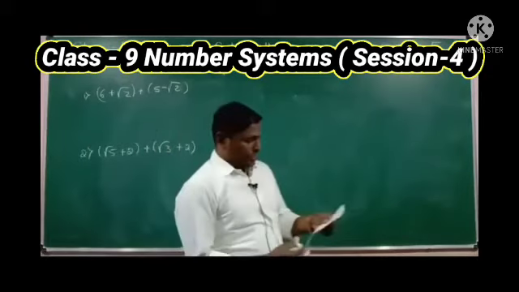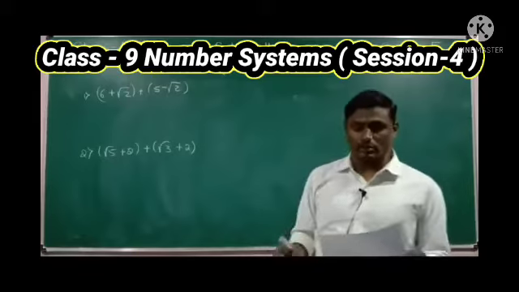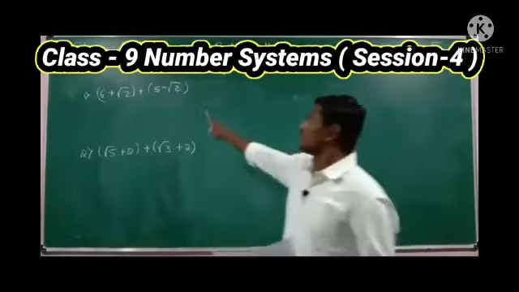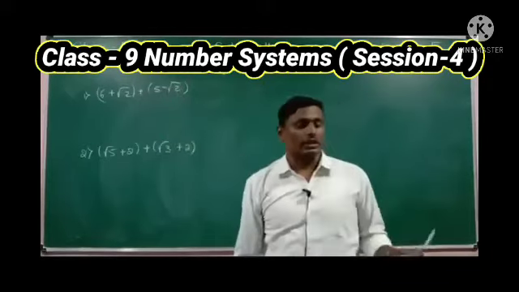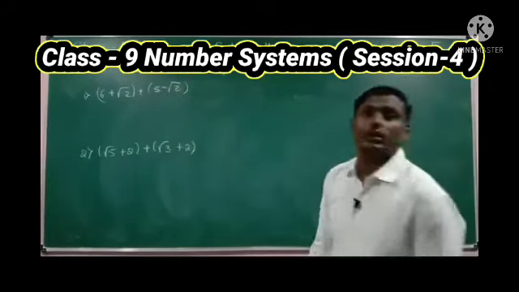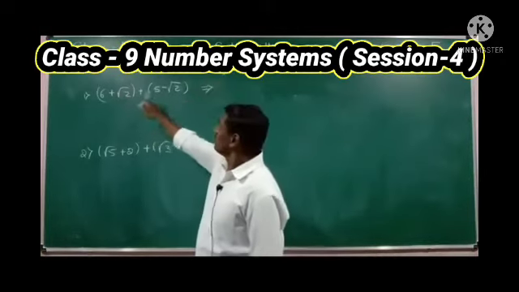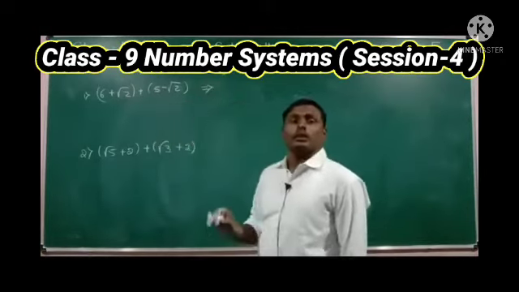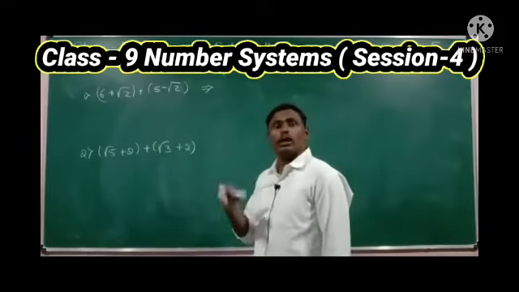These are the sums of irrational numbers, and the sum may be a rational or an irrational number. So find the sum of these two and see what result you get, whether a rational number or an irrational number.